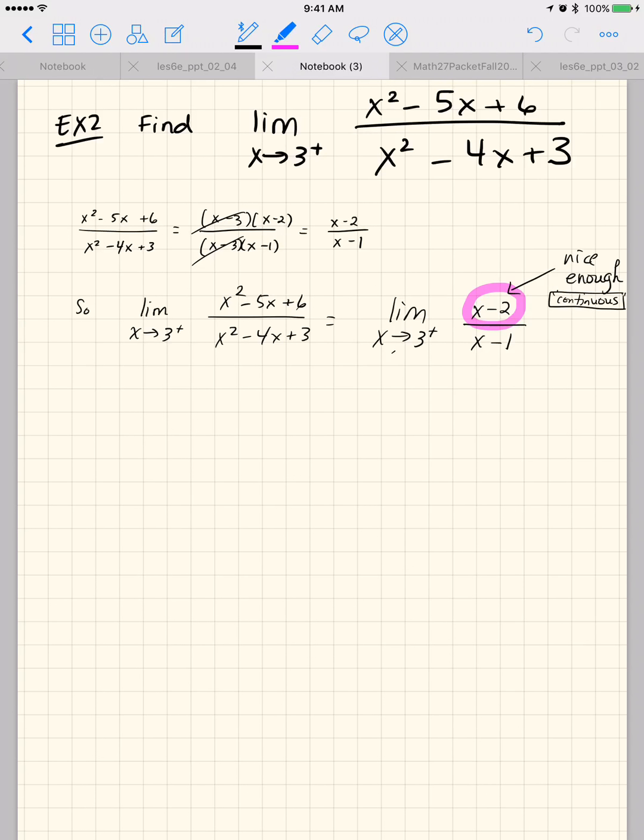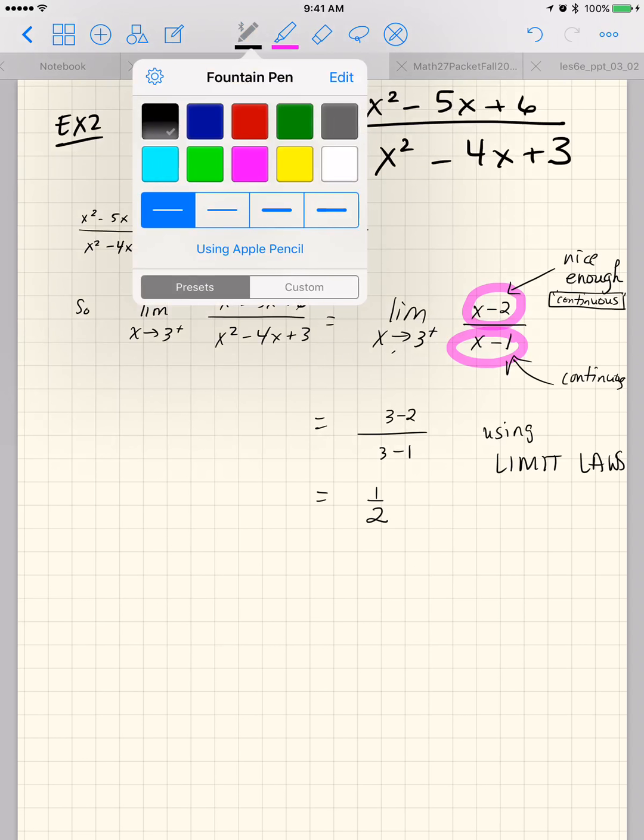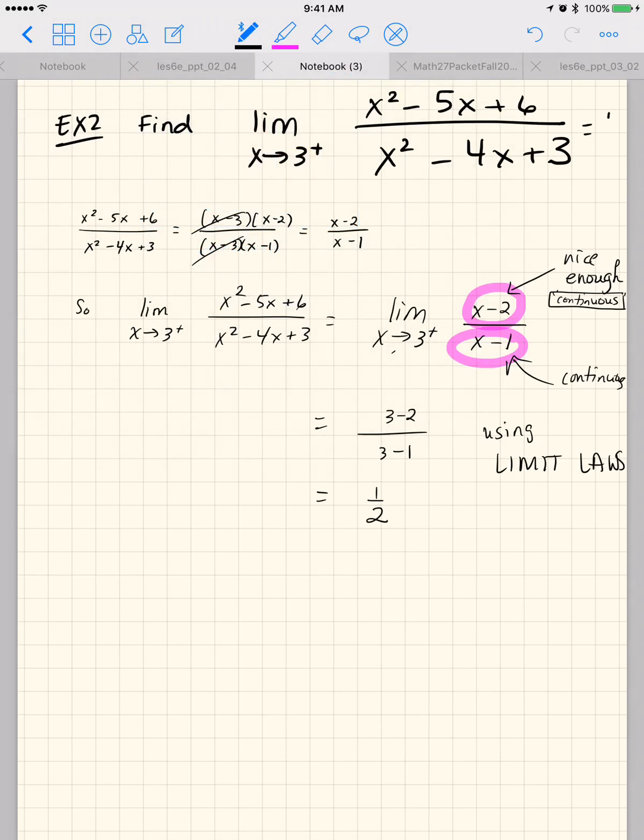The denominator is also nice enough, the denominator is continuous. So we can just write this as equal to (3 minus 2) over (3 minus 1), using our limit laws. Because remember that the limit laws apply not just to two-sided limits, but also one-sided limits. So this is going to equal 1/2. Okay? So we go back here and we write our solution. This is equal to 1/2.